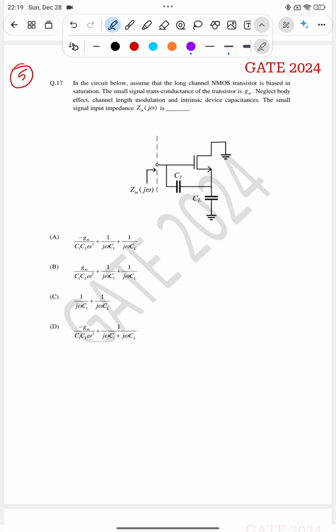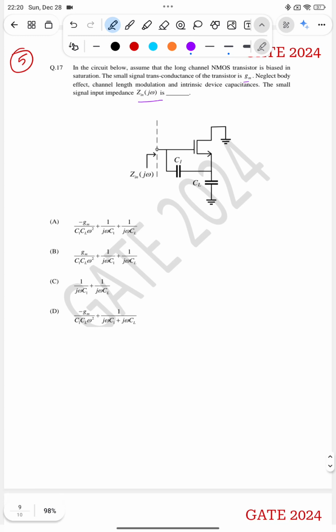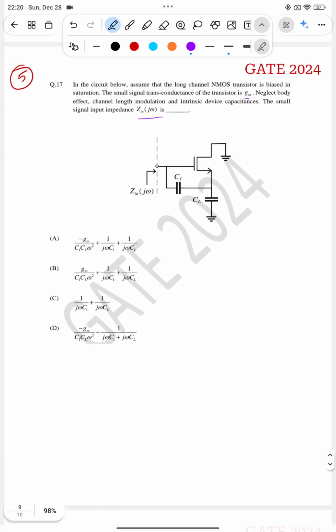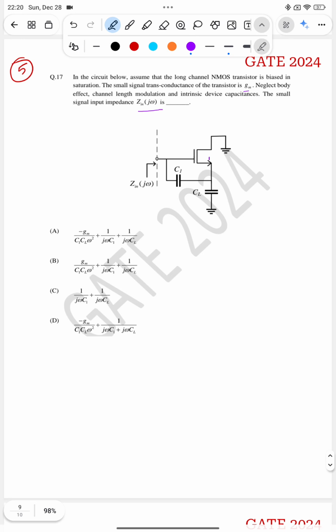The small signal transconductance of the transistor is GM, and neglect the body effect, channel length modulation, and intrinsic device capacitances. So the small signal input impedance Zin of j omega is equal to what? Given the NMOSFET in saturation region, the question is to find the Zin.